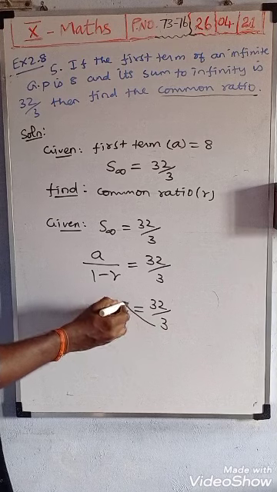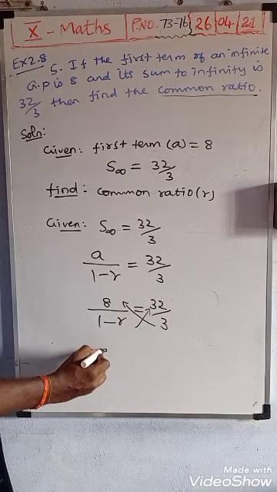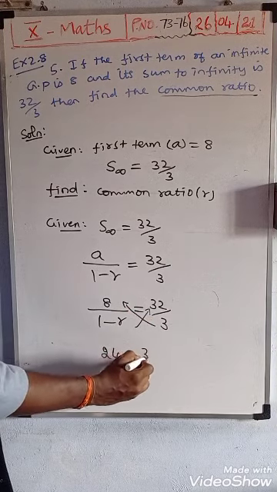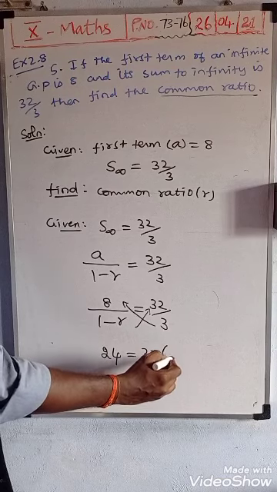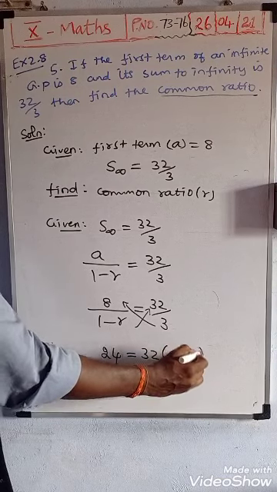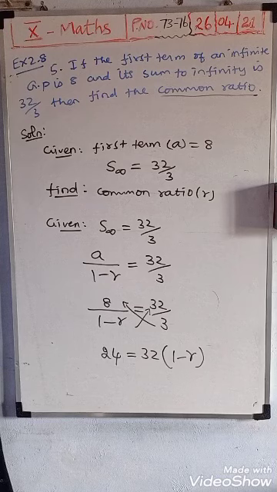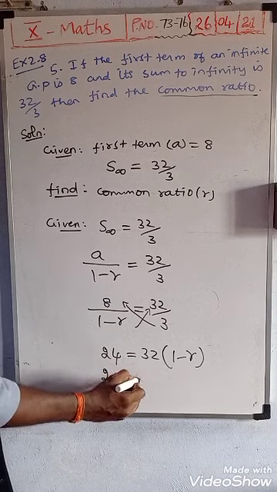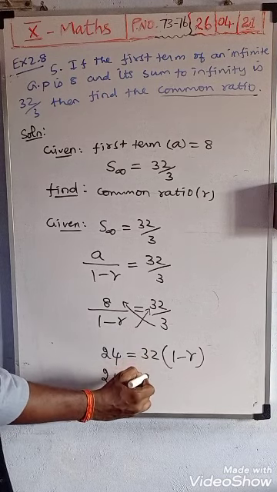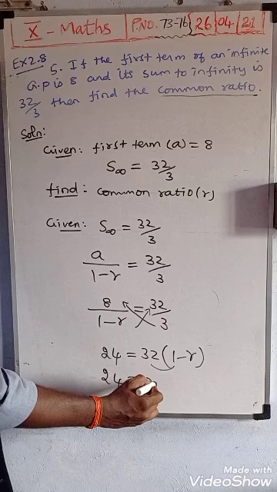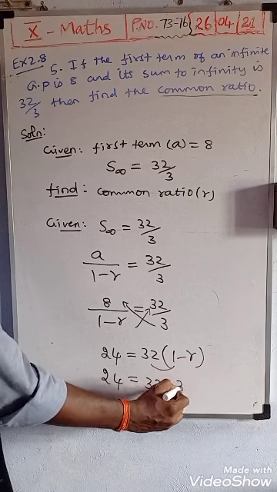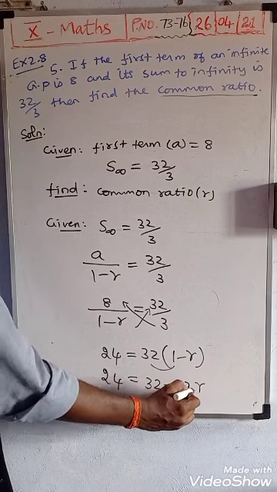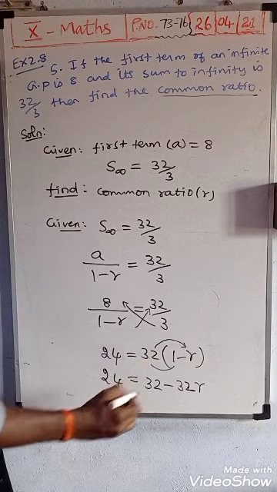Now doing cross multiplication, 8 3s are 24 is equal to 32 times 1 minus R. Now you should simplify. 24 is equal to 32 minus 32 R, so 32 you should multiply with both the terms.